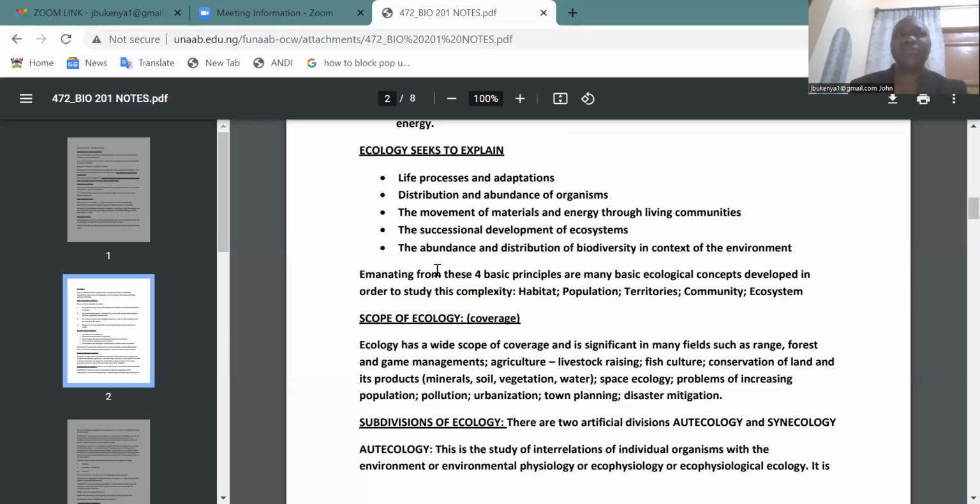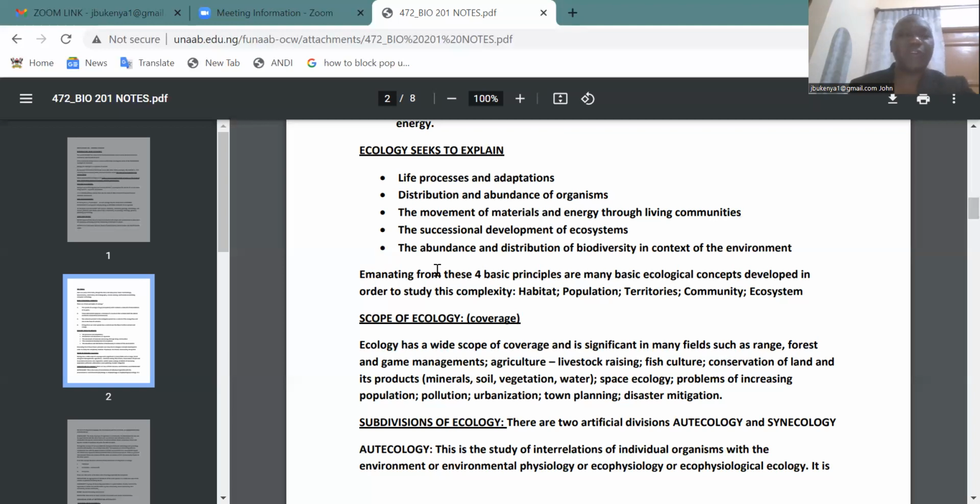So a movement from a bare rock with no living organism up to a stable, resilient climax community is called ecological succession.